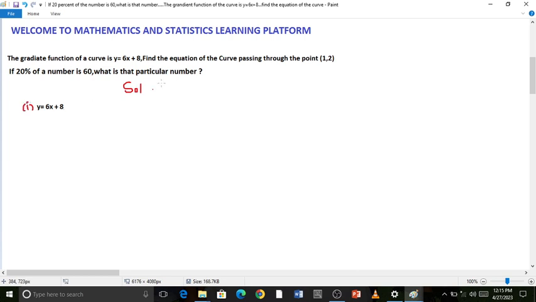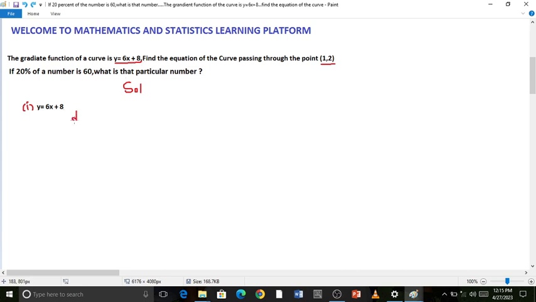To solve this question, we know that this curve and the other curve are passing through the same point, the point (1, 2). At this point they have the same gradient, or same slope. So first we are going to calculate the slope. How do we calculate the slope?